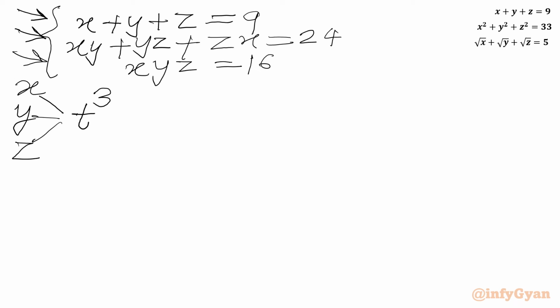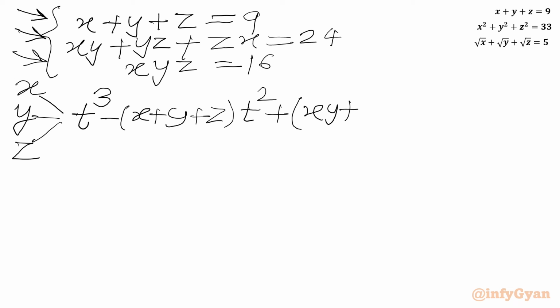So using Vieta's method, we can frame one cubic equation t cube minus sum of roots x plus y plus z times t square plus sum of roots taken 2 at a time, so xy plus yz plus zx times t minus product of roots x, y, z equal to 0.